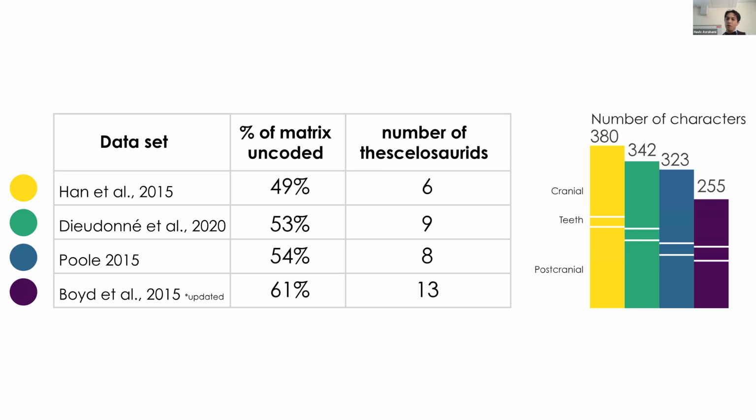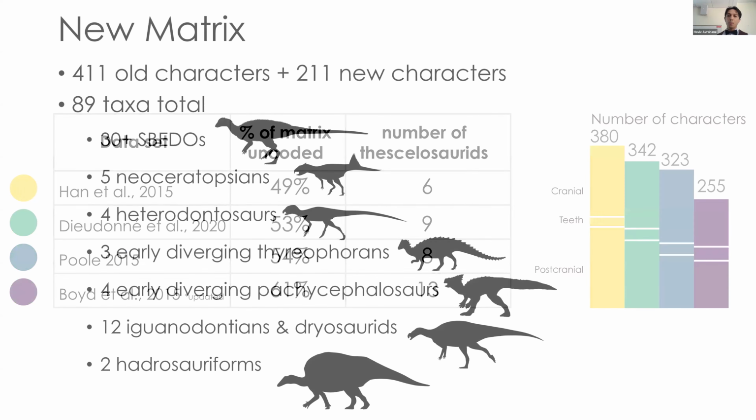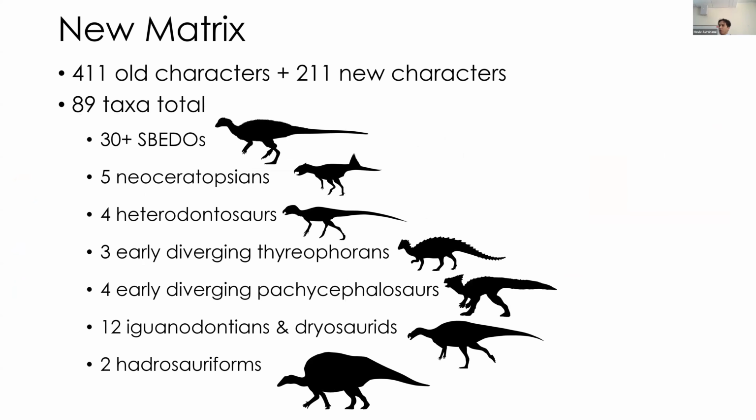There were also a number of misinterpretations and just general logical fallacies associated with some of the fundamental constructions of a number of characters. But fortunately for me, I had collected so much 3D data during my museum visits that I was able to update a number of speedo characters across the matrix while also adding in a number of my own observations. Ultimately, I ended up with this new behemoth of a matrix composed of around 600 characters spanning the entire breadth of Ornithischia, ornithischian clades.